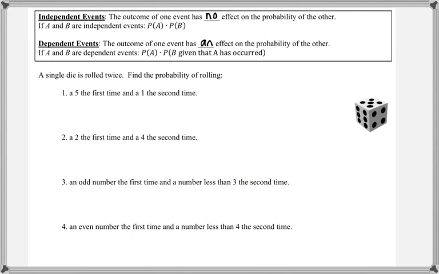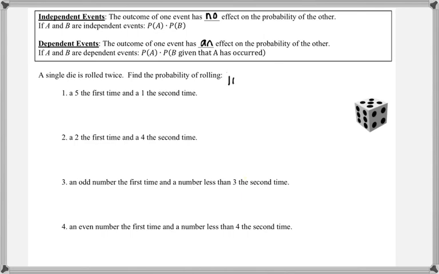So it says a single die is rolled twice. Find the probability of rolling, and number 1 says a 5 the first time and a 1 the second time. Now for rolling a die, the first roll has no effect on the second roll.